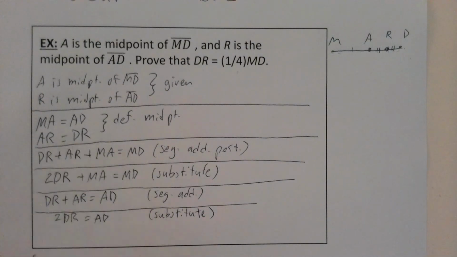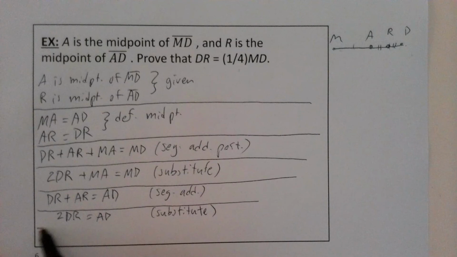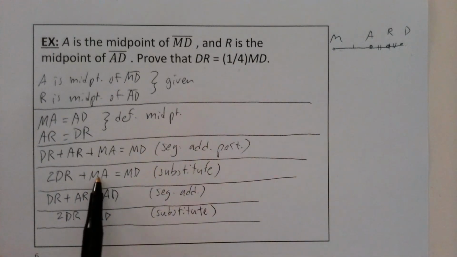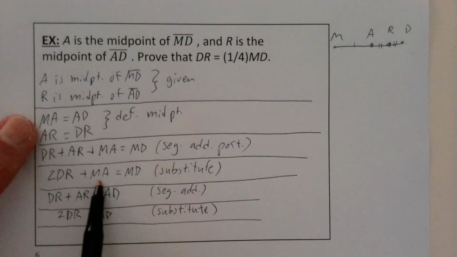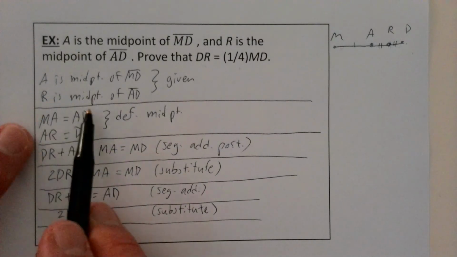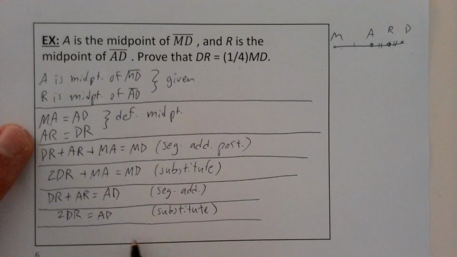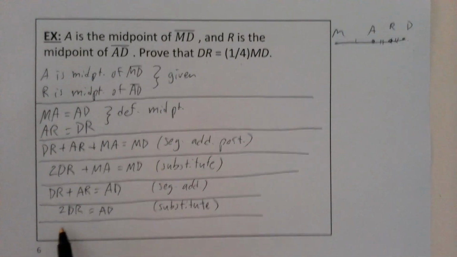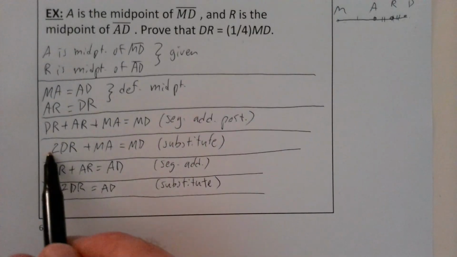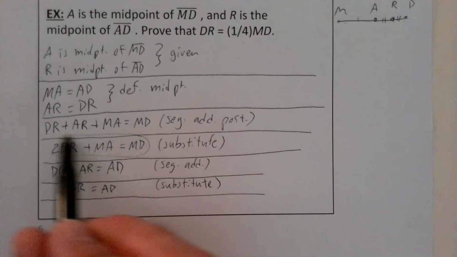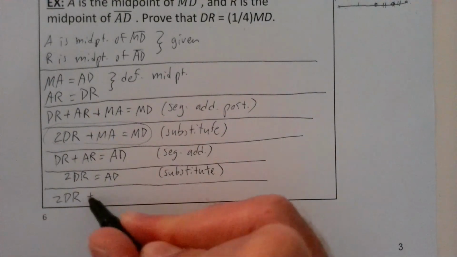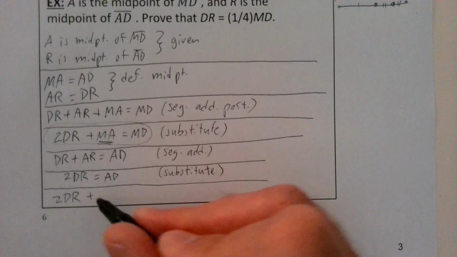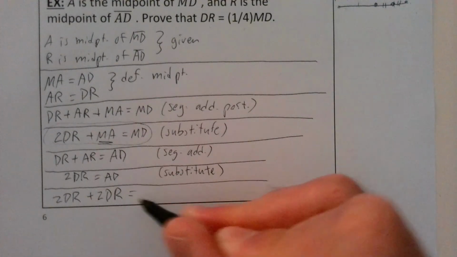Okay. So now what I can do is MA, that's the same as AD. Right, so MA here, same as AD. And AD is the same as 2DR. So those things are all equal. I can replace in this equation right here, this one that I almost have it, I can keep that one, so 2DR plus another, instead of MA, I can put 2DR equals MD.